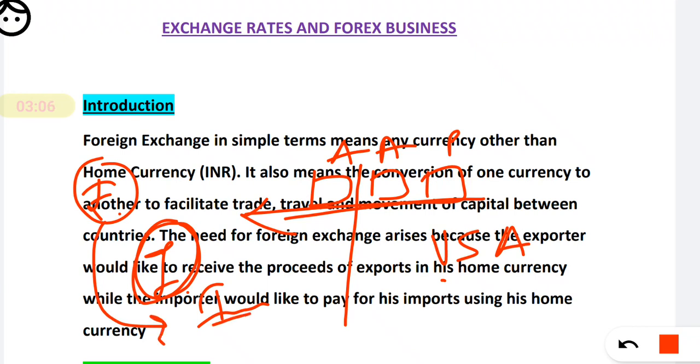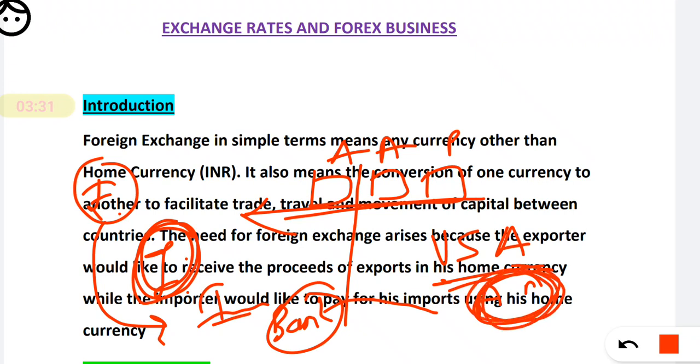But the USA person, who is the exporter now, does not have the medium for exchange, right? So here the bank plays an important role. The bank will receive the rupees from that importer, convert them to dollars, and send them to the exporter's bank, that is the foreign bank.